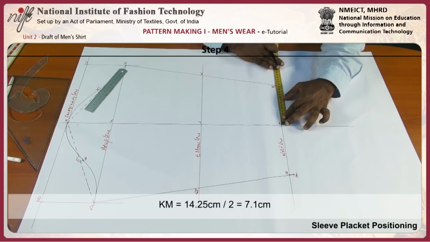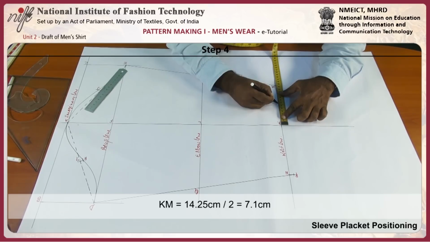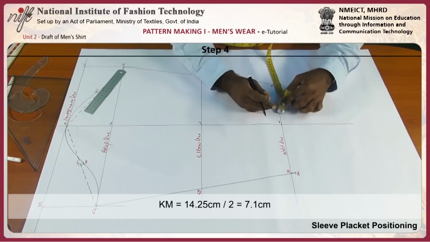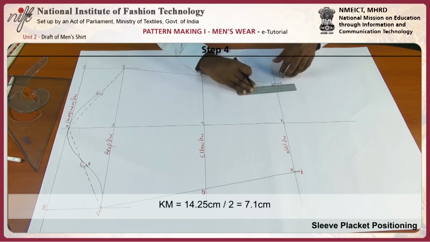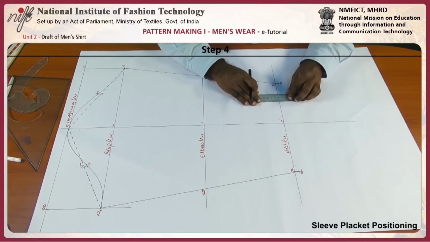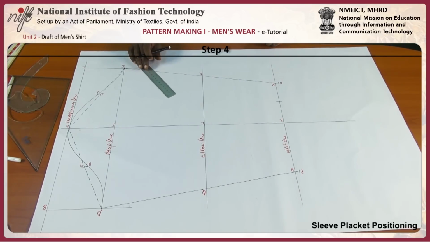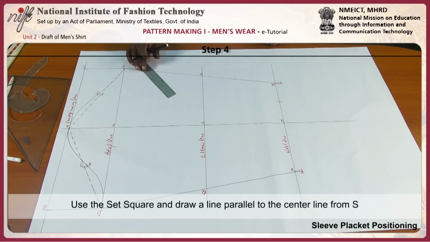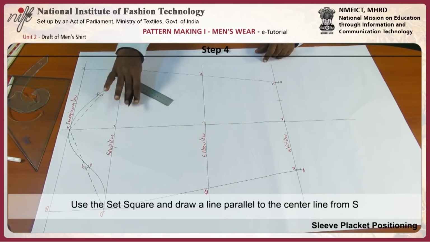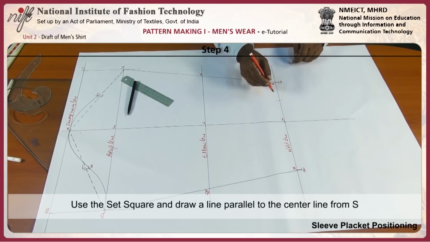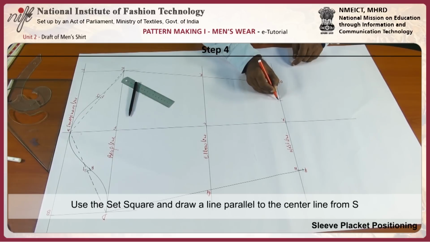Half of that will be 7.1. And give a cross mark. Draw a line parallel to the center line from point S as shown in the figure. From point S, you need to draw a parallel line to the center line. This will be S.